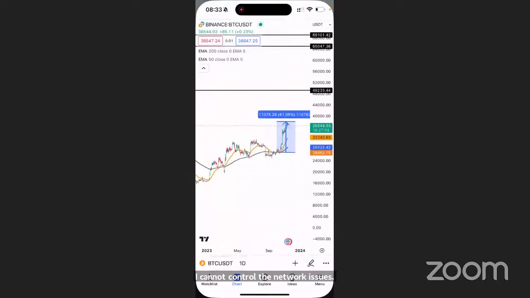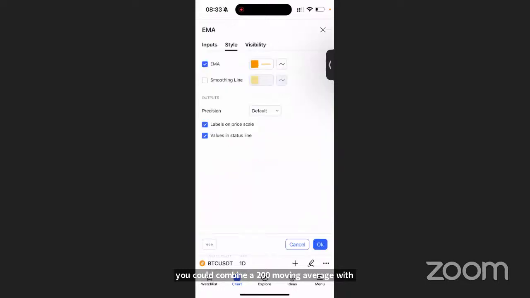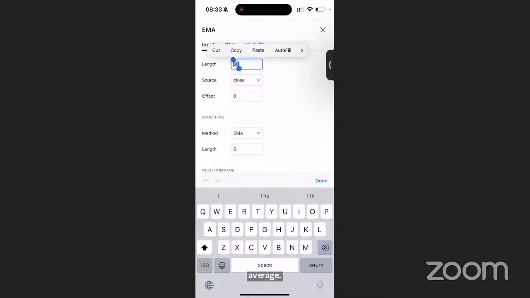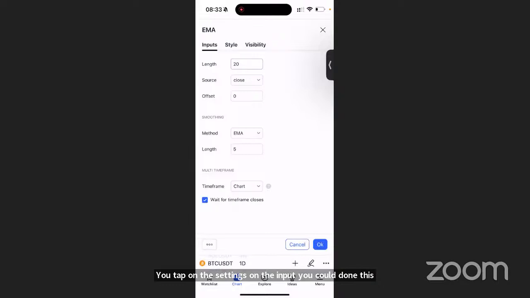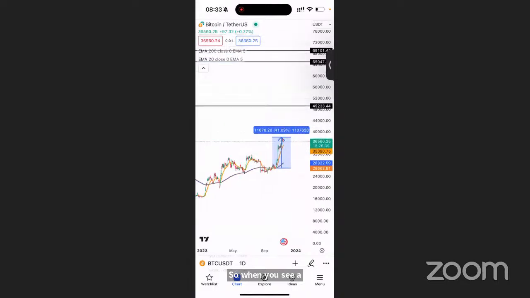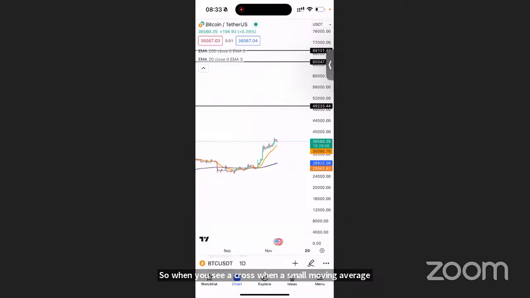All right. Now, you could combine a 200 moving average with a 20 moving average. You tap on the settings on the input, you could turn this 200 into a 20 moving average. Or you could combine a 200 with a 50 moving average. When a small moving average crosses a big moving average, we call that a golden cross.